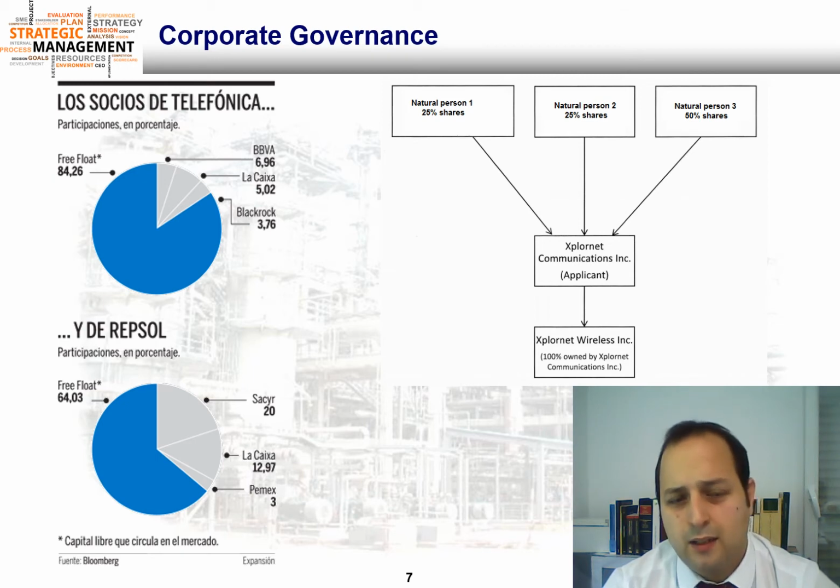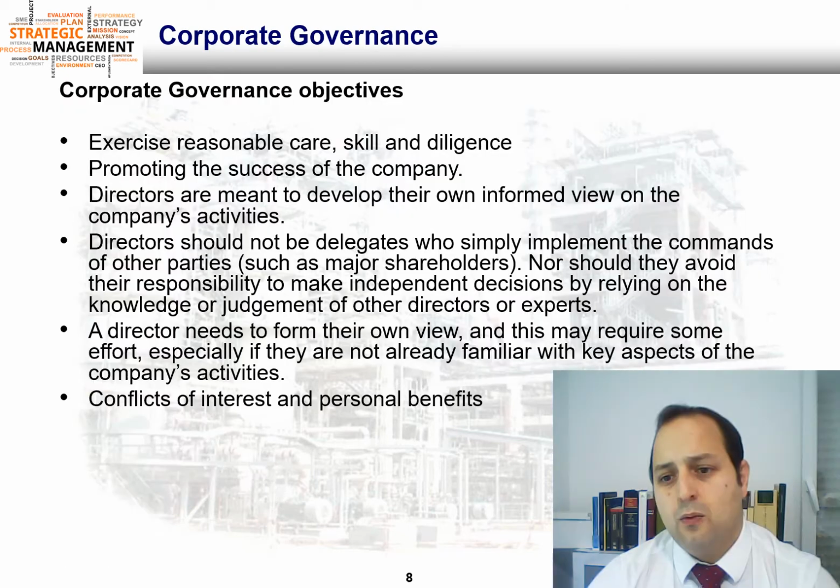And this is why corporate governance is so important, because it tries to control the board of directors of companies. We are going to speak about the corporate governance objectives related to directors.